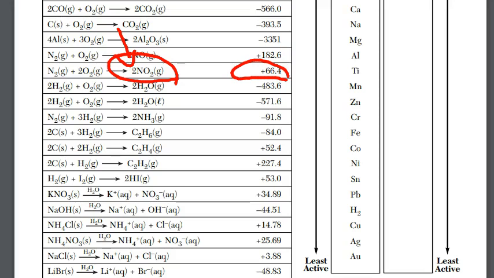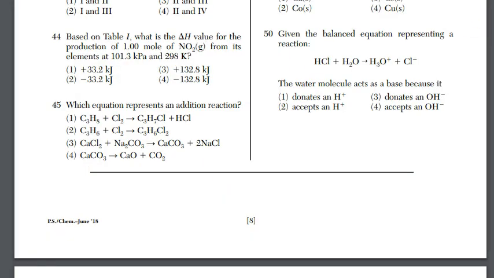So of course, instead of 2, we're going to take 66.4 divided by 2, which is 33.2. So let's take a look and see if that choice is there. And if you check it out, here it is. It's choice 1.